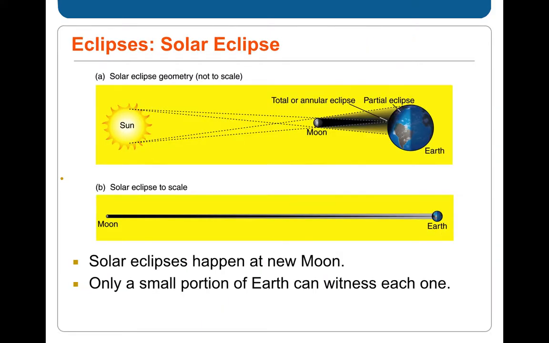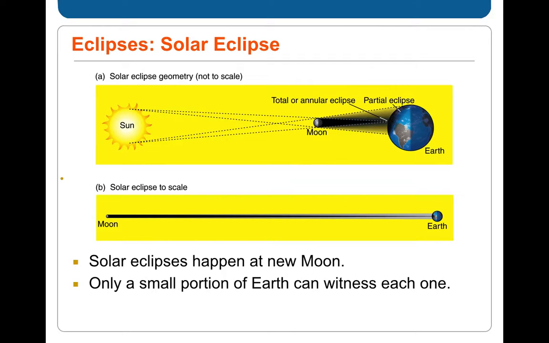And the last thing I would like to mention is eclipses. Eclipses happen because, apparently, in the sky the moon and the sun have the same angular size, half a degree. So when the moon happens to be between Earth and the sun, we experience a solar eclipse. When the moon is immersed in Earth's shadow, the shadow Earth casts in space, we call that a lunar eclipse.